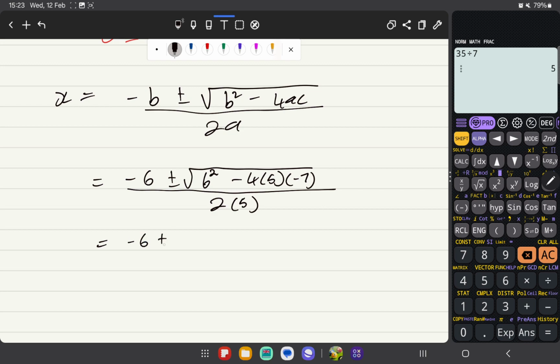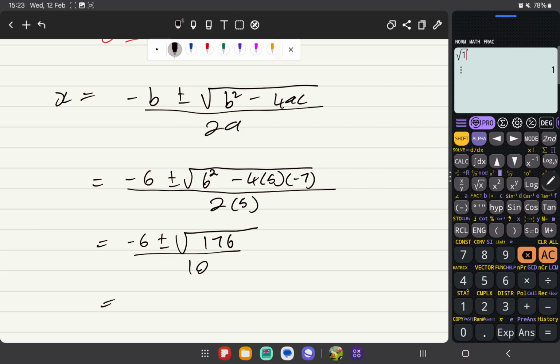Minus 6 plus or minus, let me just take the calculator. That'll be 6 squared, which is 36, minus 4 times 5 times minus 7, right? I'm getting 176 by 10.